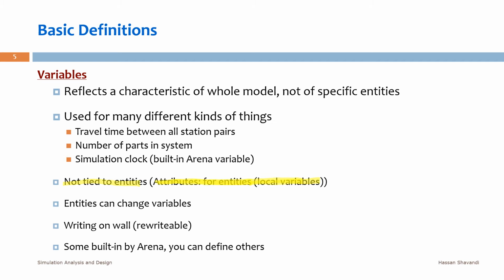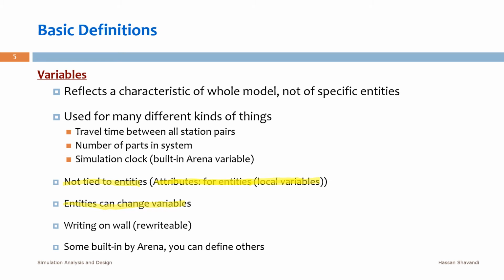So they are like global variables. Entities can change the variables. By arriving more parts, the value of the variable is changed, right? So as you see here, entities affect the variables. Variables are based on the situation, and the situation can be changed by the entities, right?